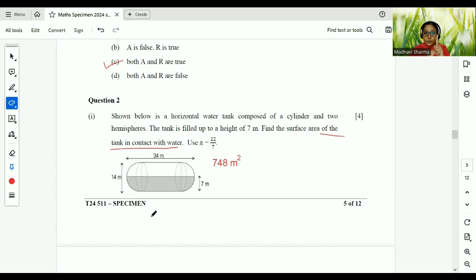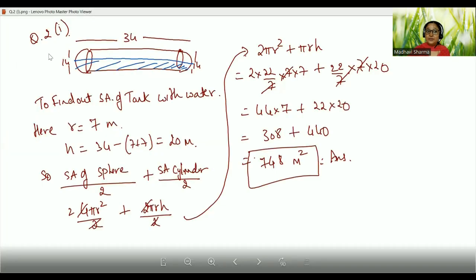Let me show you how I have done it. The answer I've got is 748 meters square. If you see this, children, question 2, 1, whole everything is 34. So this side 7 gone, this side 7 gone, 14 gone, so the height of the cylinder is 20 meters, 34 minus 14 is 20.